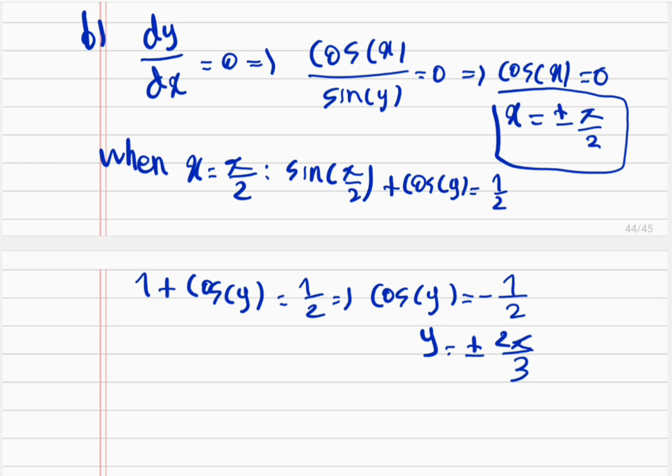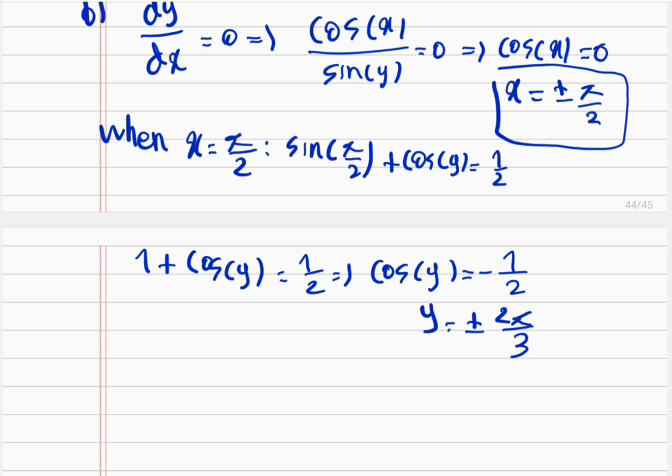This basically means that one stationary point is when x is pi over 2 and y is 2 pi over 3, and the other stationary point is when, again, x is pi over 2 but y is minus 2 pi over 3. So there are two stationary points with different y coordinates but with the same x coordinate.